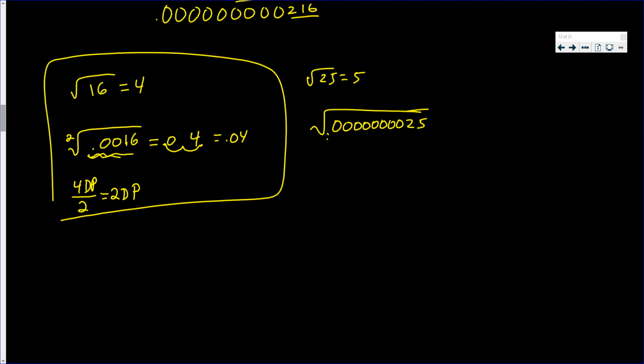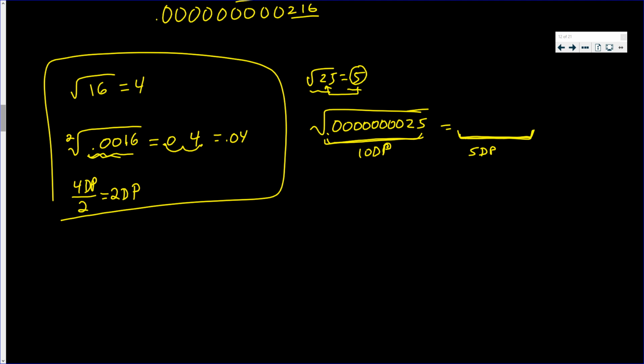Now, this number is a 10 decimal place number, so whatever it equals, it has to be 5 decimal places. Why? Because whatever this equals, if I multiply it by itself, it's going to equal that. Just like the square root of 25 is 5, I multiply that number by itself and I'll get back 25.